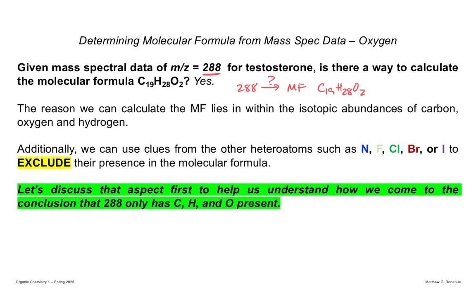So to exclude the presence of the other heteroatoms, nitrogen, fluorine, chlorine, bromine, or iodine, we're going to use their isotope abundances. We're going to visually look at the mass spec and say, okay, is it there or not there? Just purely based on those numbers from the prior chart.